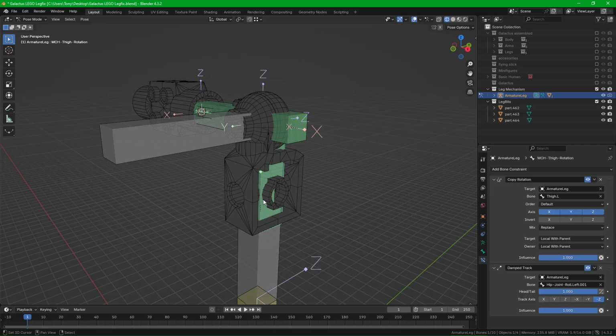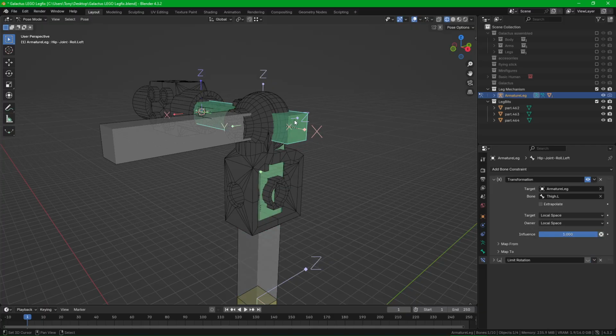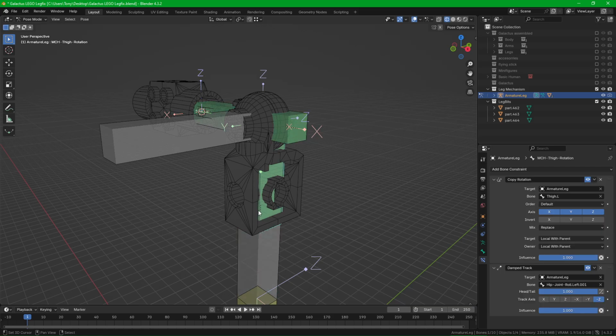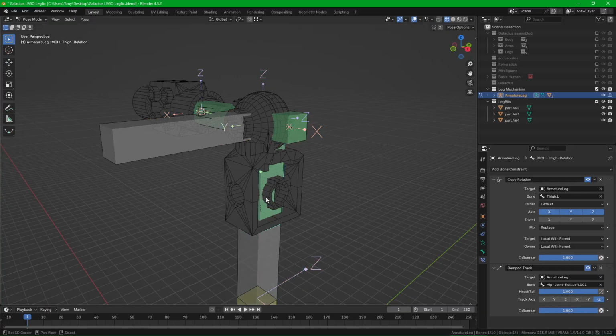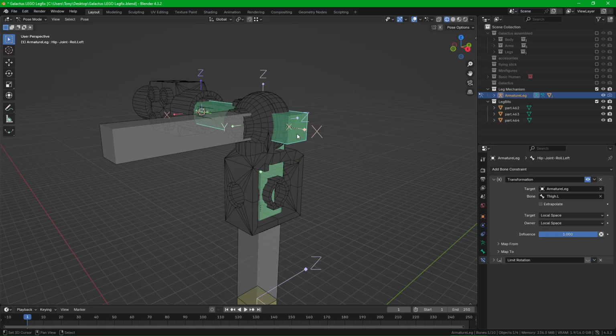So this bone's thigh is getting copied to this bone's. Sorry, this bone's x-axis is getting copied to this bone's y-axis. So that's cool. That's one way to copy a rotation and keep it limited to certain things.